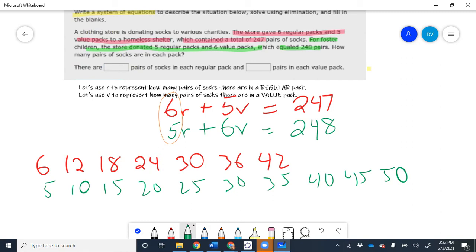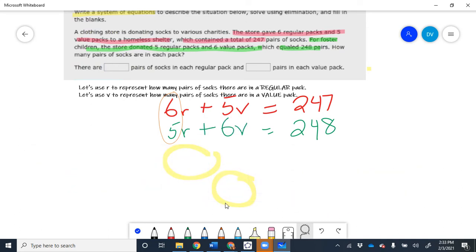We don't really need to go further because you can see that what they have in common here is 30. Okay? So what we need is for both of those numbers, they're called coefficients, to be 30.